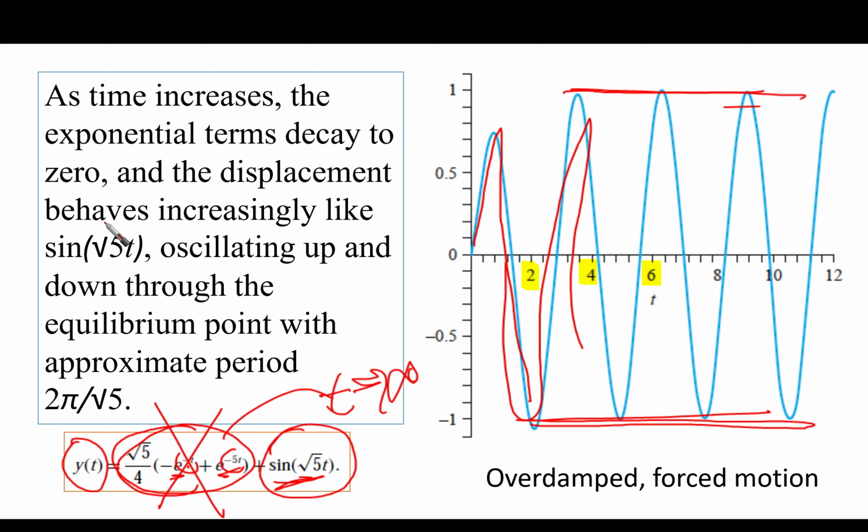And the displacement behaves increasingly like sine radical 5 of t, oscillating up and down through the equilibrium point with approximate period of 2 pi over square root of 5. This is the period that we are dealing with. Anyway, this is how it works. So the bulb is going up and down around the equilibrium position.